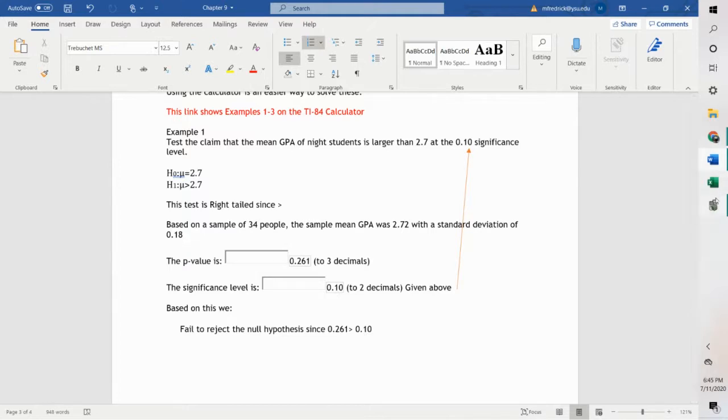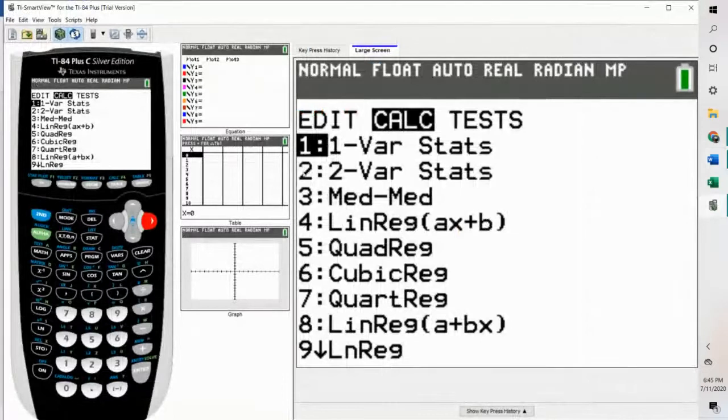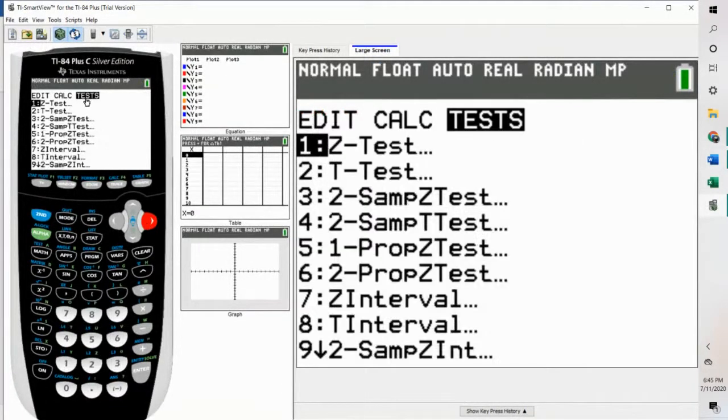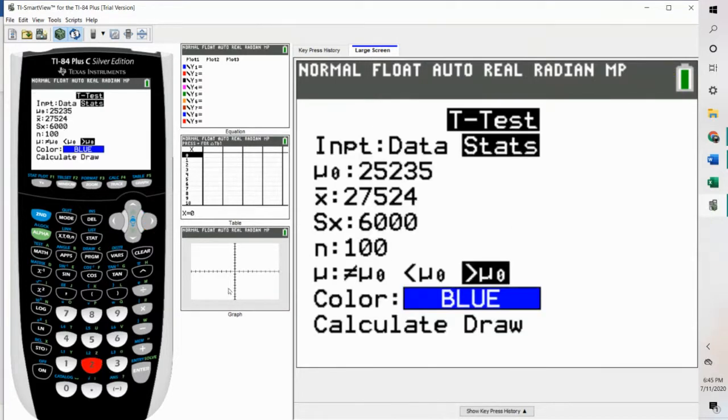Let's try it. So we want to go over to test. And then we want the t-test, so we need to do number 2. Or go down 1 and hit enter. We're not given data, so we use stats. And then we type in our values.